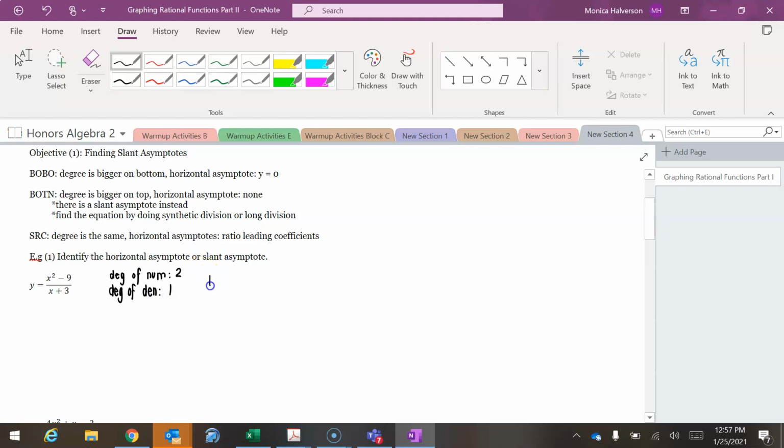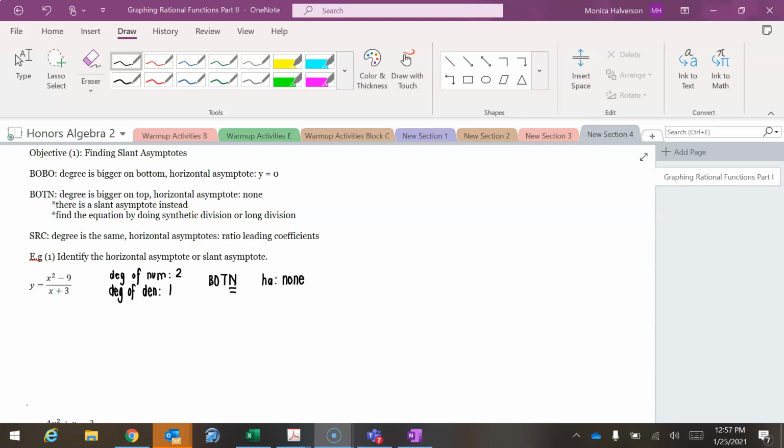So this one falls into the category of BOTN, where the degree is bigger on top. Therefore, our horizontal asymptote is none, but that means there's a slant asymptote.